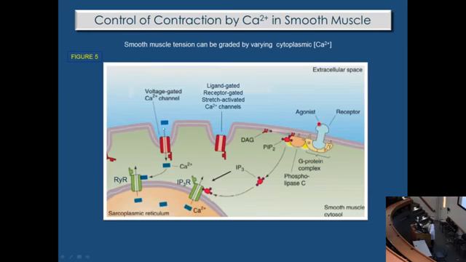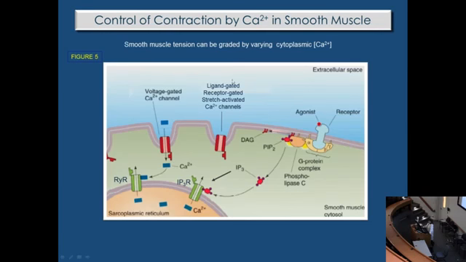So they will allow the influx of calcium, and this calcium will diffuse and reach the ryanodine receptor, activating it through a mechanism that is calcium-induced calcium release. It's a mechanism similar to what we described for the cardiac cells, right? So then this will respond by releasing calcium.